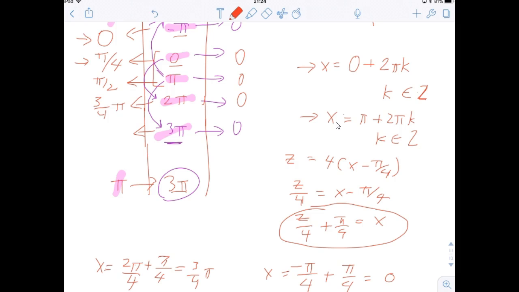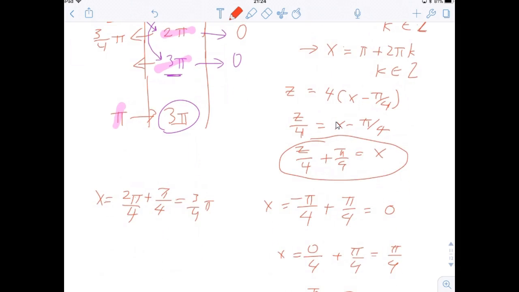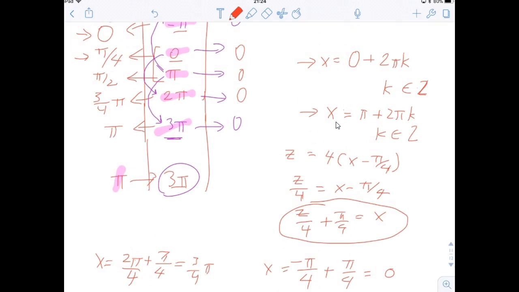Then our last solution, z equals 3 pi. 3 pi divided by 4 plus pi over 4 equals 4/4 pi, or just pi, and that would be our last value.